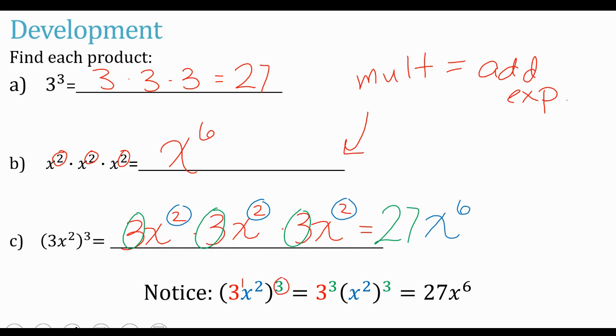So 3 times 1 gives us 3, which is right here. And now 3 times 2 gives us 6. So this became 3 to the third, and then x squared to the third, which gives us 27x to the 6th. We're going to take a look at this a little more in depth on the next slide.